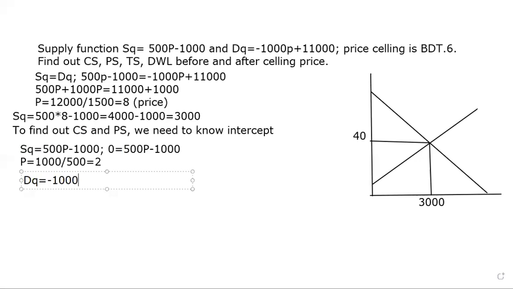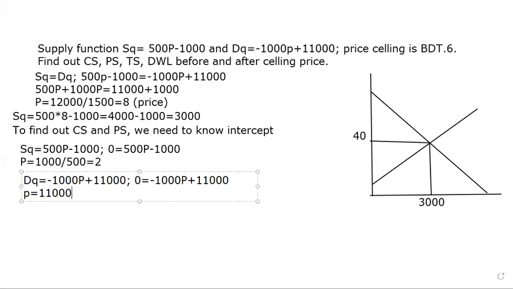So 0 equals minus 1000P plus 11,000, and P equals 11,000 divided by 1,000, which is 11.